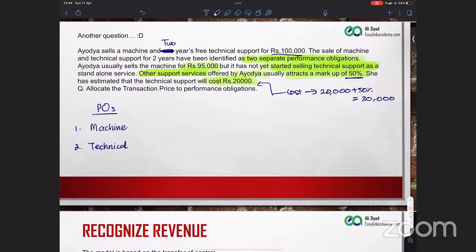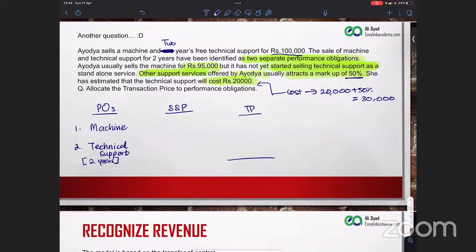Ayodhya is promising technical support for how many years? 2 years. Very good, guys. Now we need to first of all identify the standalone selling price before we can allocate our transaction price.